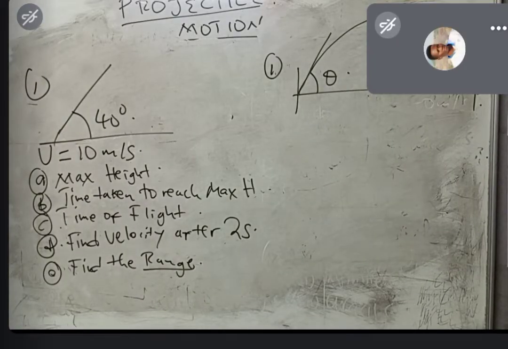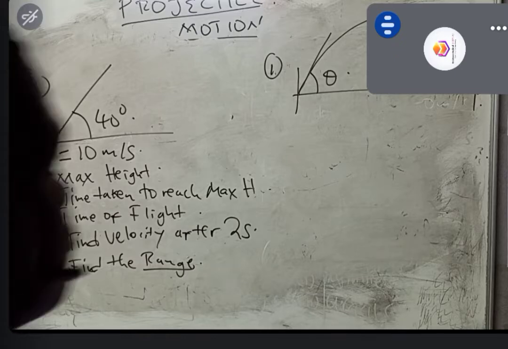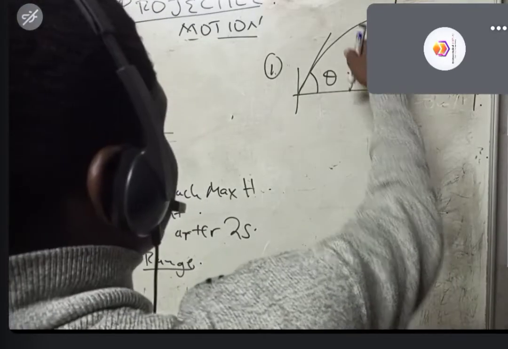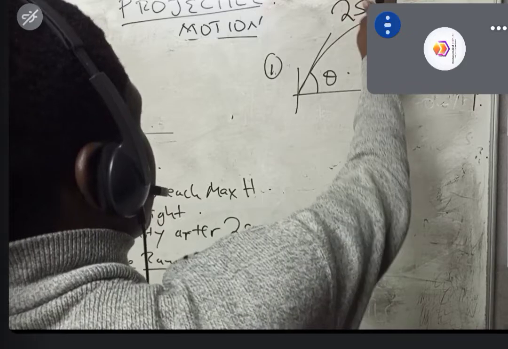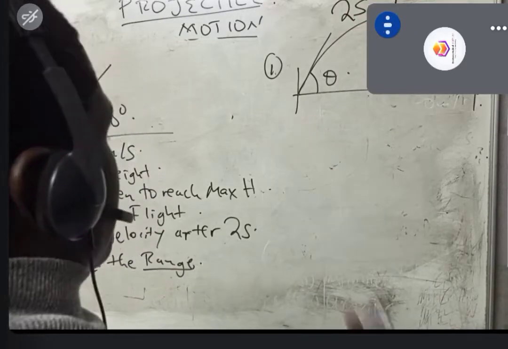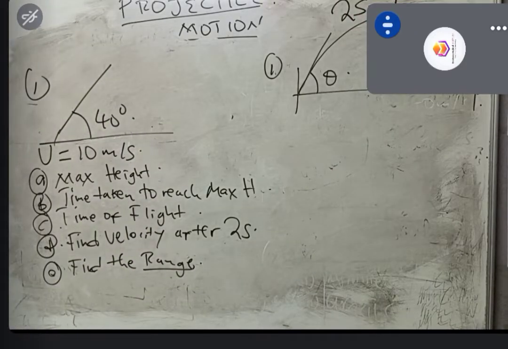So, what is the relationship between the time it is going to take to reach a maximum height? Let's say it is 2 seconds. Then what will be the time of flight? And how can you explain the time of flight?